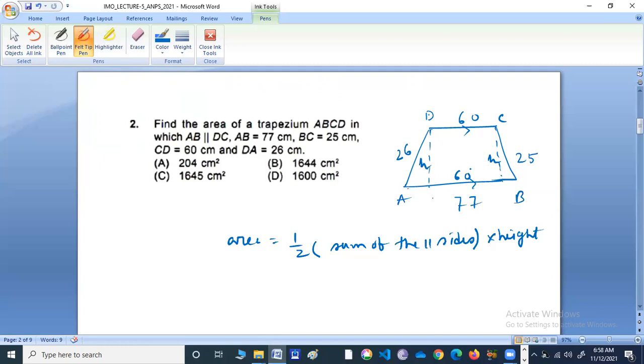So these two are equal. Suppose we name them P and Q. So this should be equal.